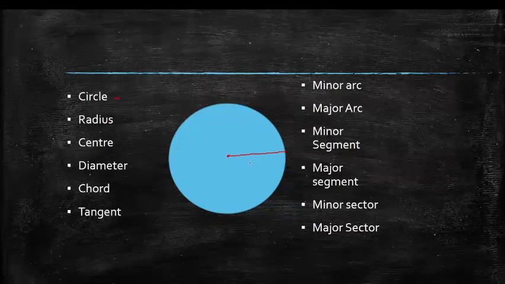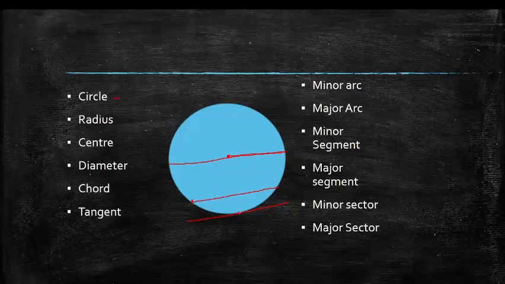When there are many, they are called radii. The center we have already talked about. And then the diameter, the diameter is double the radius. Yes, you remember that. Chord, a chord is a line touching 2 points on the boundary of the circle. Tangent, a tangent is a line passing through a touch point of a circle, just touching at one point of the circle. Okay, tangent is that.